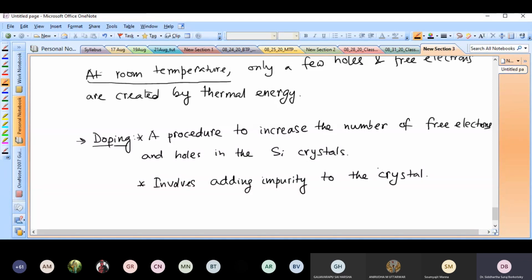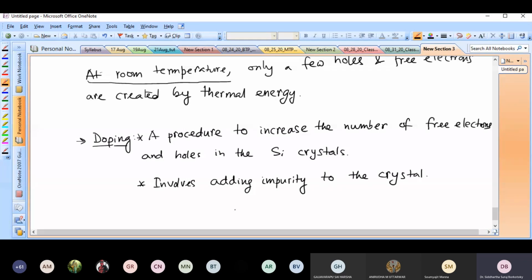Different types of impurities will lead to different sorts of behavior. Sometimes you might want to increase the number of holes, sometimes the number of electrons, and actually we want to do both. We want to create a piece of silicon with an excess of free electrons, create another piece with an excess of holes, and then place them together.